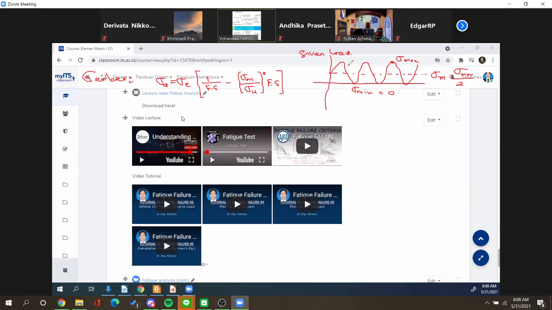And here we have the amplitude, which is also sigma m equal to sigma m.